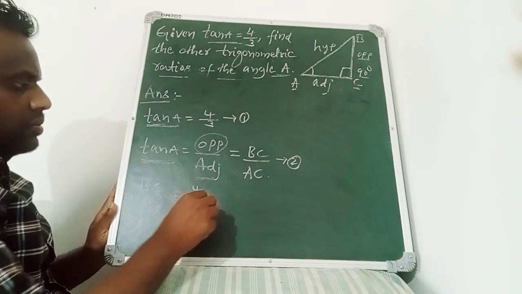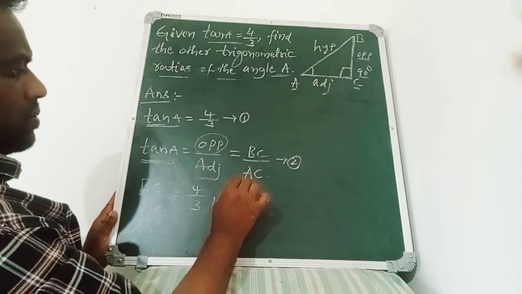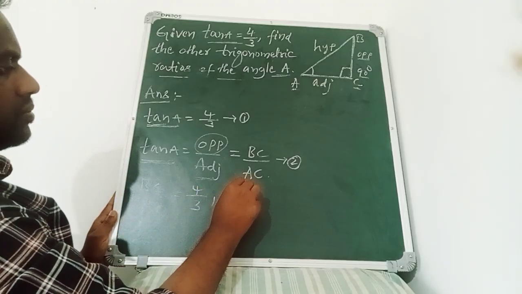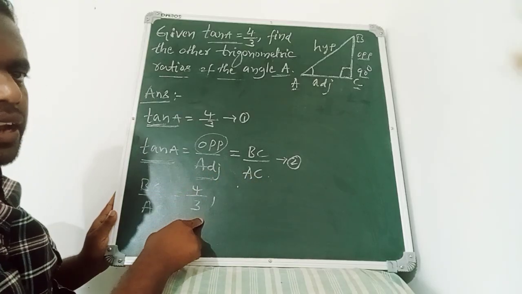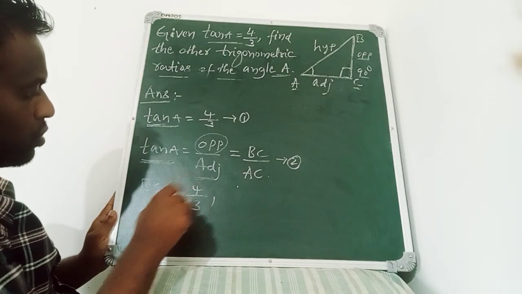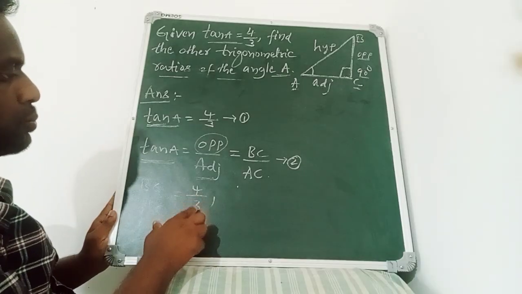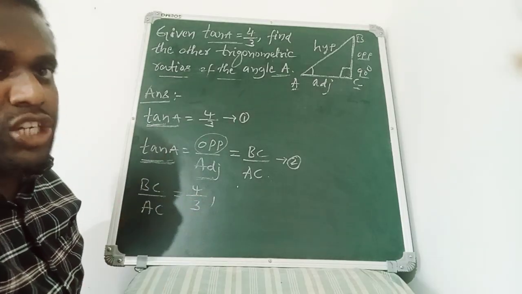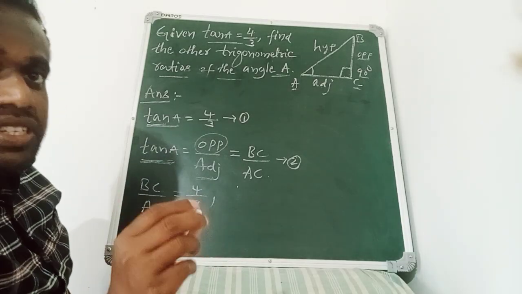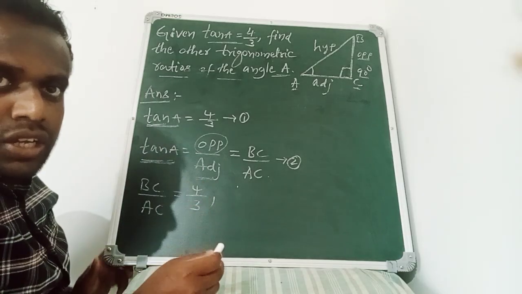Okay. From this, remember, BC by AC is equal to this, right? It doesn't mean BC is equal to 4, AC is equal to 3. No. See, this 4 by 3 is the ratio. Don't misunderstand that BC is equal to 4, AC is equal to 3.